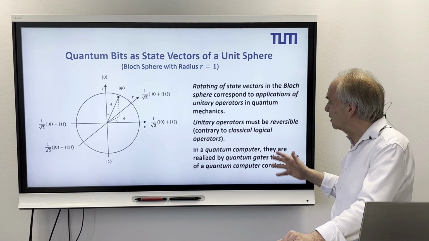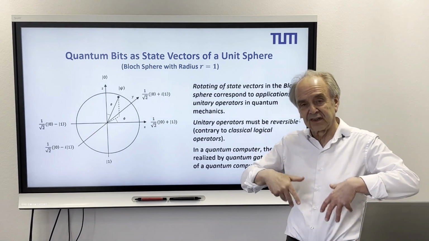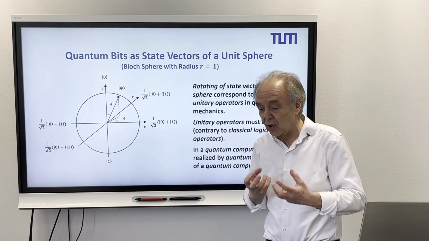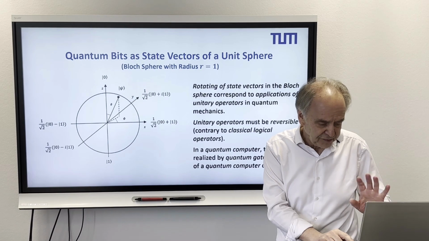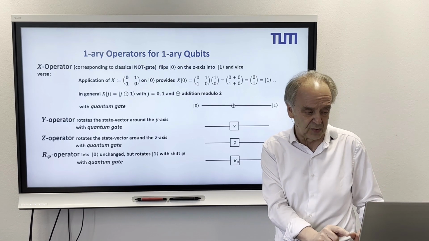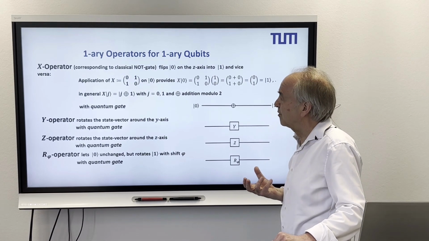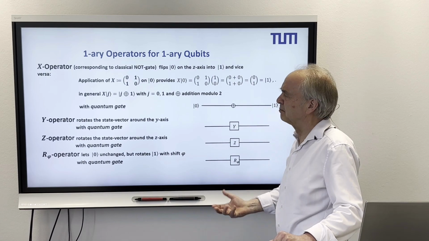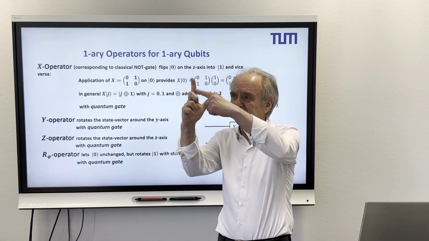Now, in a quantum computer, these quantum operators are interpreted as quantum gates. Let us have some examples. I think that is better to illustrate the understanding of quantum gates. Very simple examples: the so-called X operator.